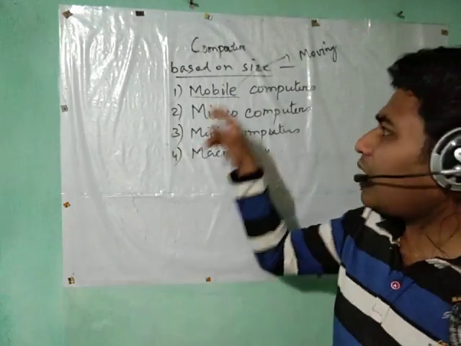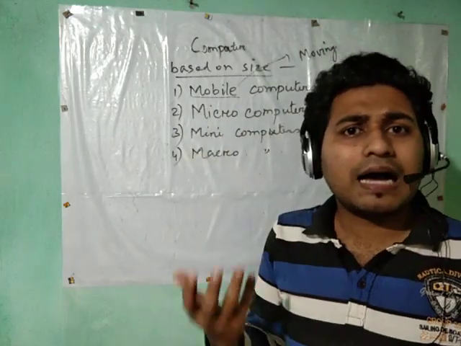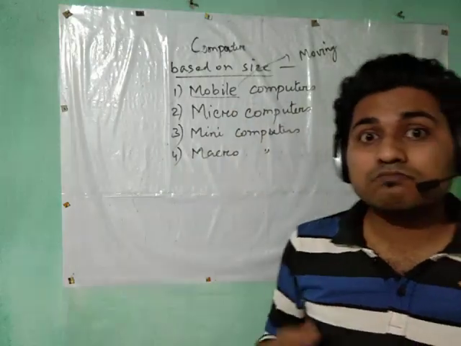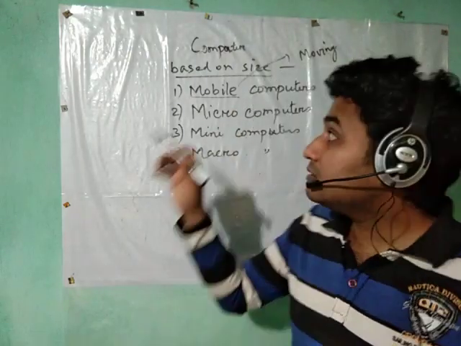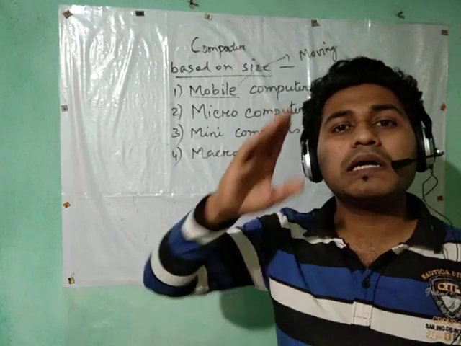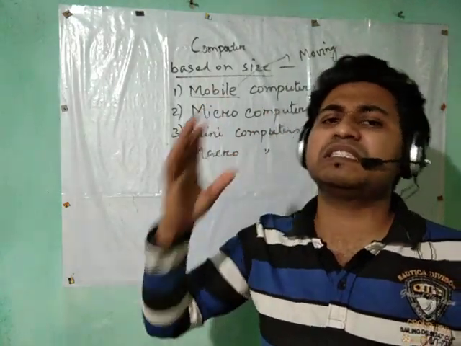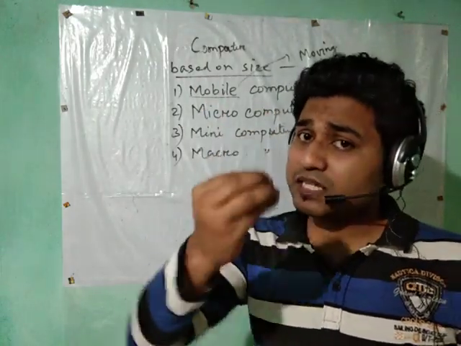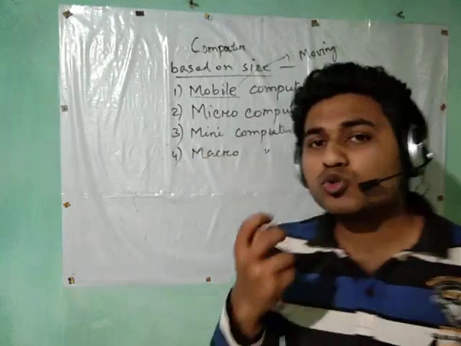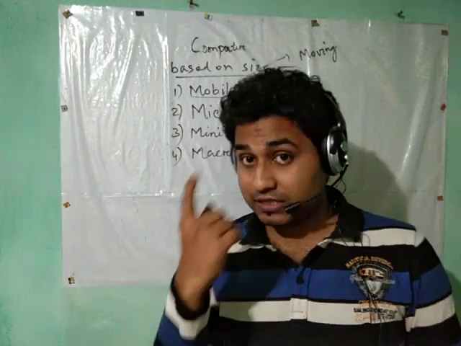What idea does it reflect? It reflects nothing other than that these computers must be small in size, the smallest, if I say, then only it will be easier for us to carry from one place to another. Yes or no?